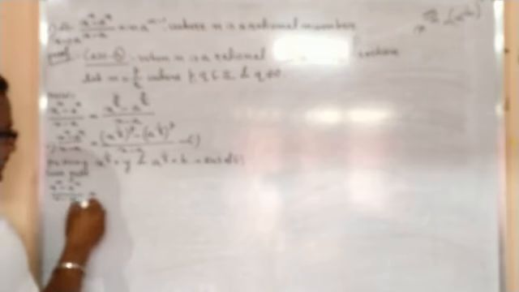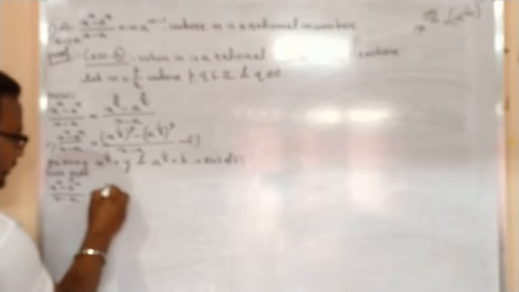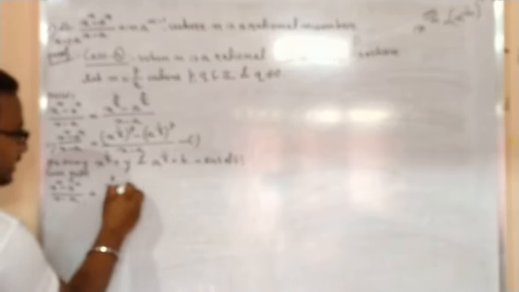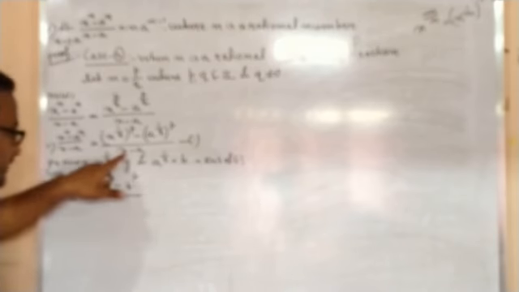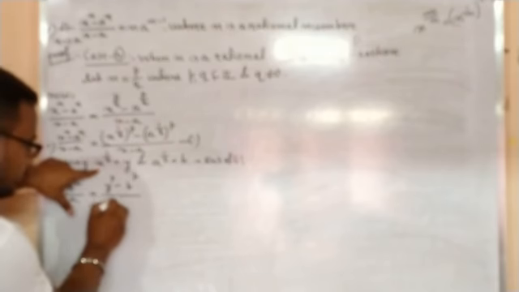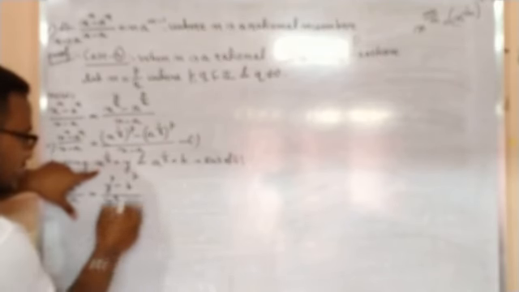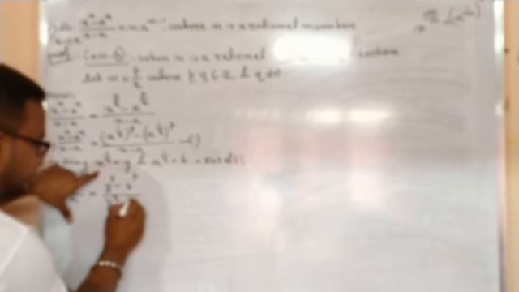We get x to the power n minus a to the power n by x minus a equal to, x to the power 1 by q is y, so it is y to the power p minus b to the power p by, now you see, what is the value of x? X is y to the power q, and what is the value of a? A is b to the power q.